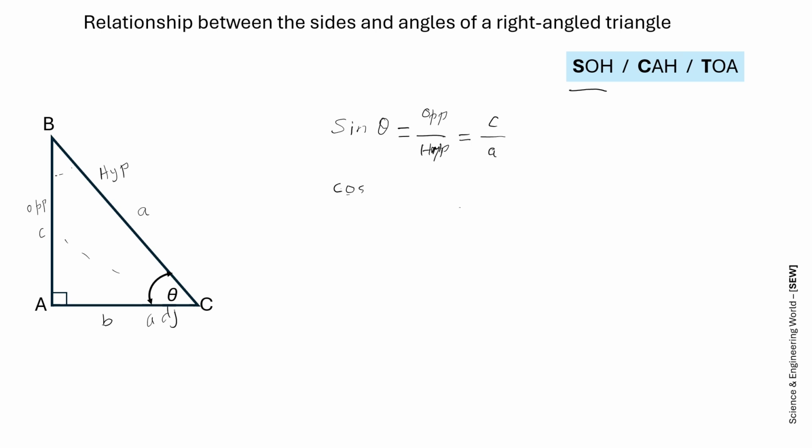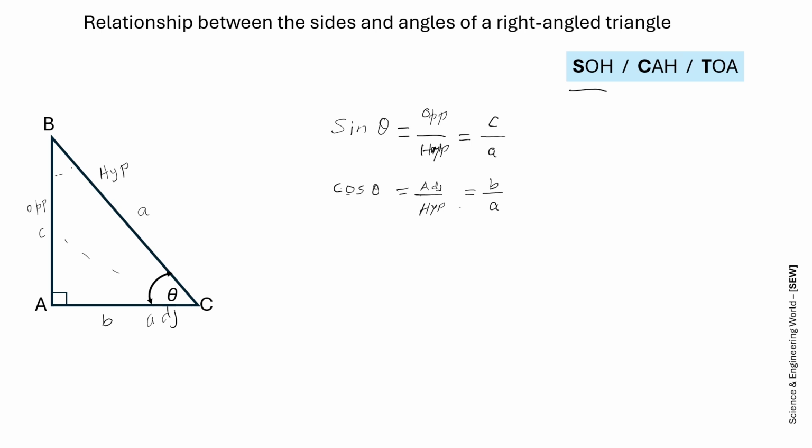Cos theta is adjacent over hypotenuse, which is adjacent here is b over hypotenuse is a.